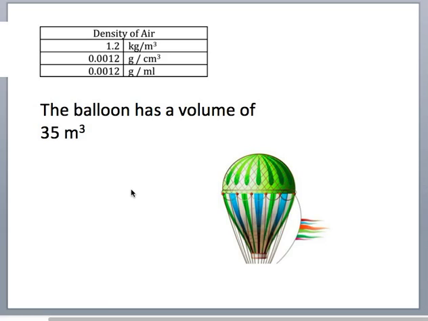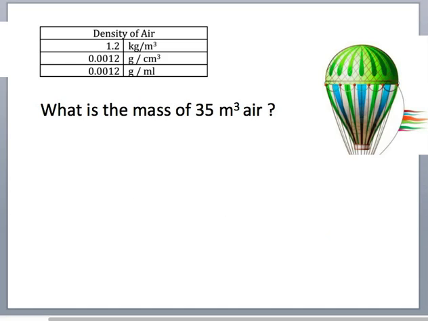But let's start with the balloon. I told you the balloon is 35 cubic meters, and the first thing we have to figure out is, if it's 35 cubic meters, what would be the mass of the air that it would displace? Since we're using cubic meters, up here I have some densities of air, and the one that would make the most sense is the one with cubic meters in it, 1.2 kilograms per cubic meter.